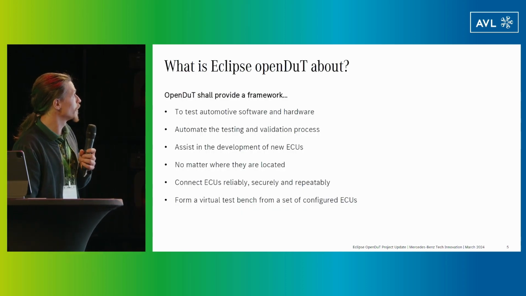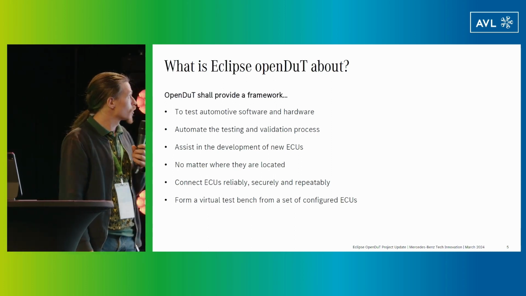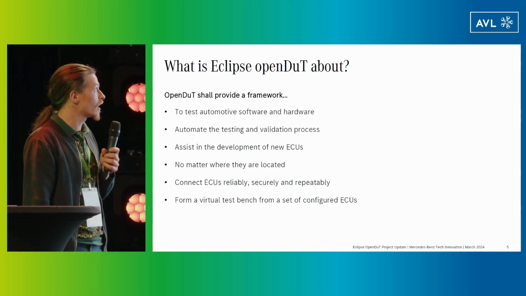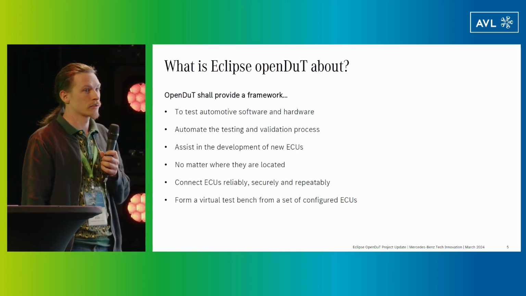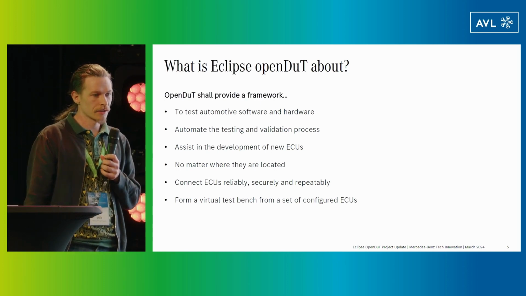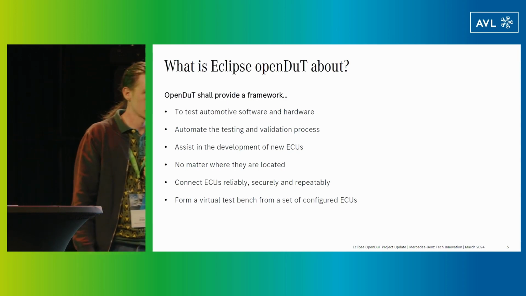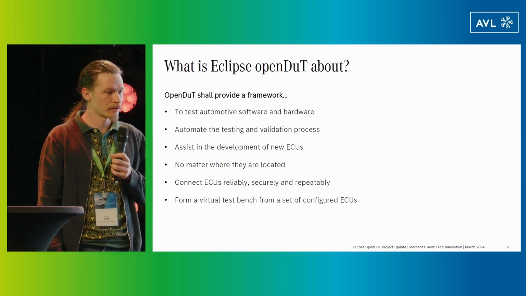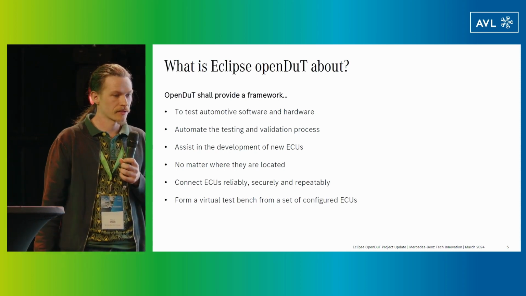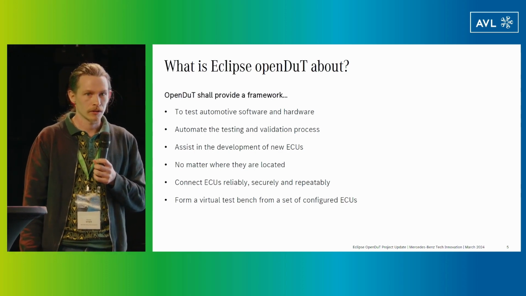And what shall it be? What is the open device under test about? Well, it's automation. It's about testing automotive software and hardware, and it shall automate the test and validation process. I'll be presenting later the test components that will actually give us the features to do this. One of the core aspects is that it shall not matter where the hardware devices are located.